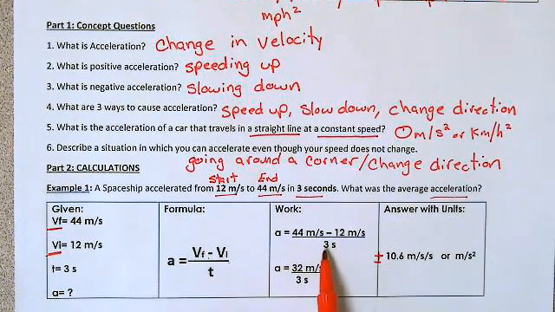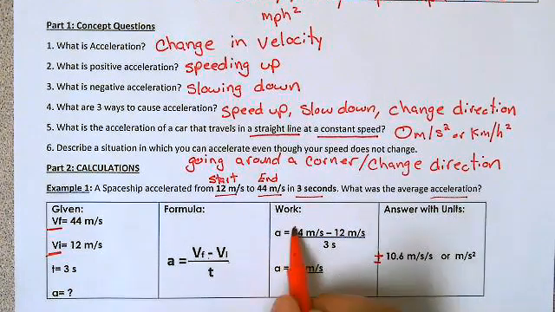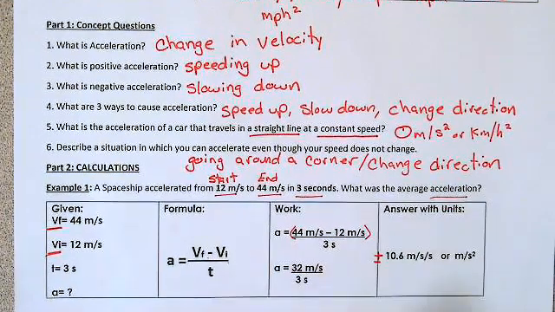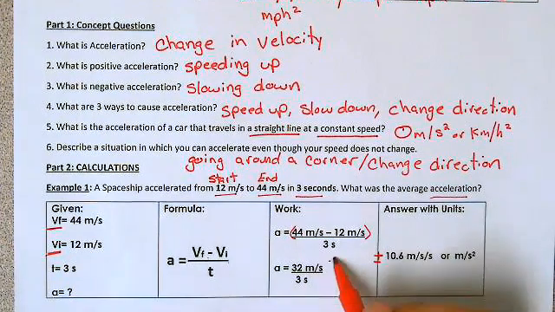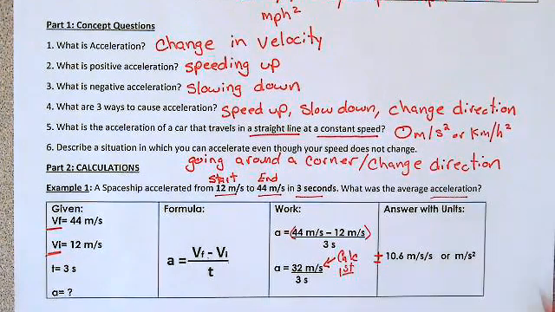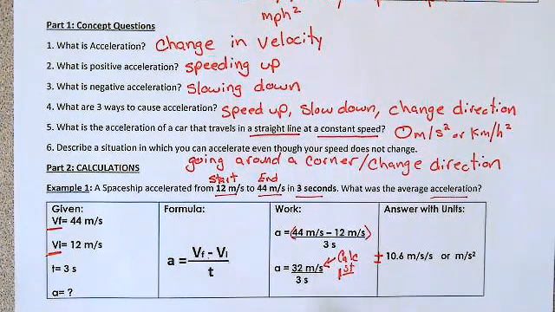So when we do this, we want to do it in 2 steps. We want to subtract the top first before we divide. So if I subtract 44 minus 12, that gives me 32. Now I can divide it by 3. Remember, whatever is in the top is going to go in your calculator first, just to make sure you are dividing this correctly. Okay, so 32 divided by 3 is going to give me a positive 10.6 meters per second, and I can write it like this, or you can write it meters per second squared.